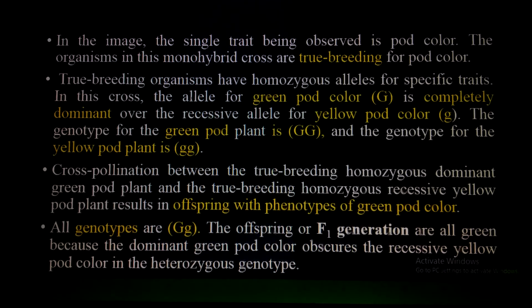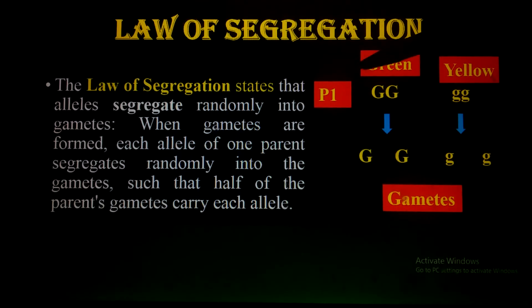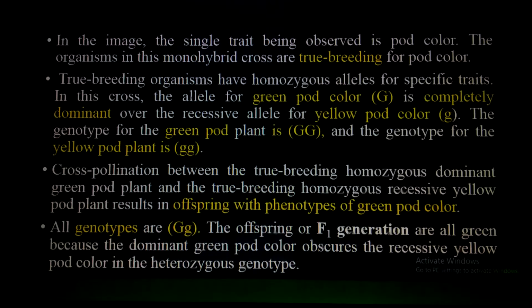So the offspring in the F1 generation, you can see this is the first parental generation, and after gamete formation, what will happen? These gametes fertilize with each other and produce capital G small g. The phenotype will be green pod color, and the genotype will be capital G small g.